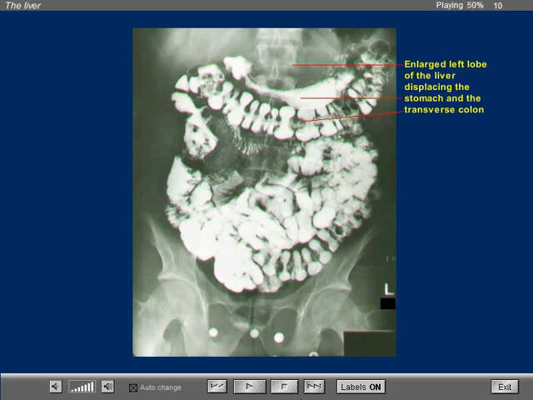We must use indirect signs, which are particularly the displacement of the stomach and the displacement of the transverse colon. So when the left lobe, which is seen in the midline of the abdomen, enlarges in the craniocaudal direction, it will displace caudally the gastric antrum and secondarily the transverse colon.